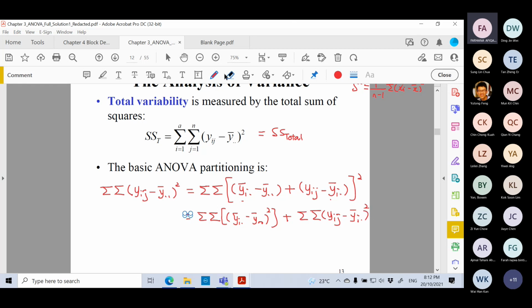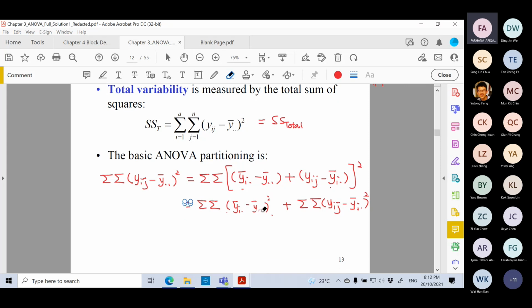Of course, this one, the bracket is not necessary. Okay, the first term squared, the second term squared, and then plus 2 times the summation.